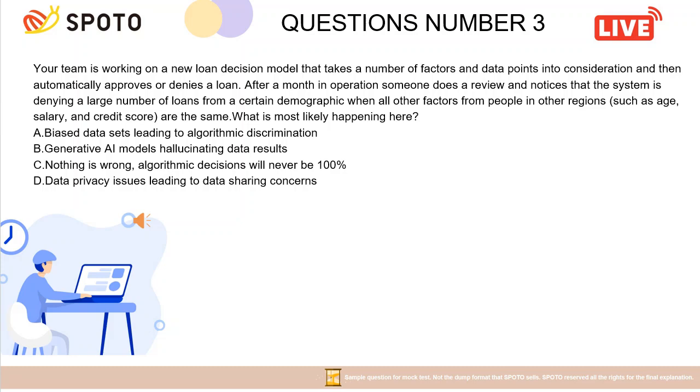What is most likely happening here? A. Biased data sets leading to algorithmic discrimination. B. Generative AI models hallucinating data results. C. Nothing is wrong, algorithmic decisions will never be 100%. D. Data privacy issues leading to data sharing concerns. You have 15 seconds to answer.